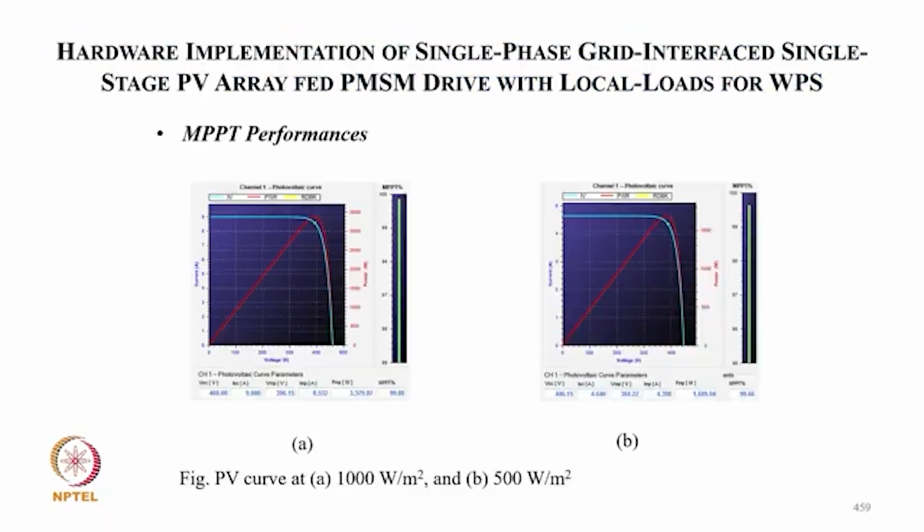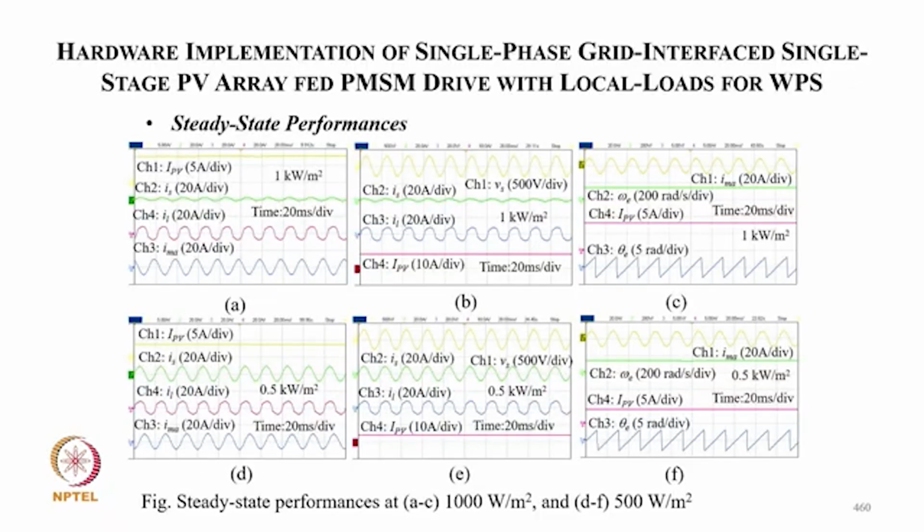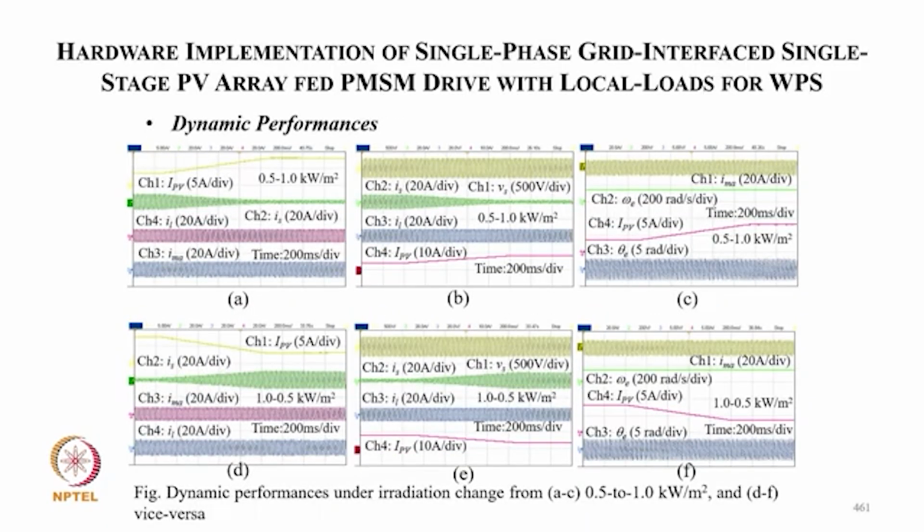So these are of course the design in the same way, and these are the experimental results for MPPT for 1000 watt per meter square and 500 watt per meter square, and the experimental results for supply current, PV current, load current, and the motor current, and the position typically for sensorless control. With the variation of solar insolation, when insolation increases the supply current decreases, then typically the power drawn from the supply also decreases as the PV current increases.